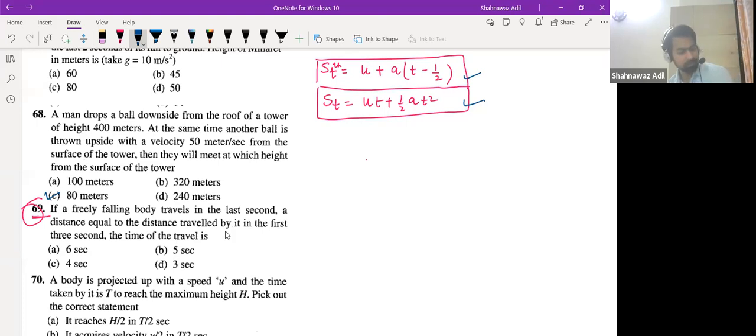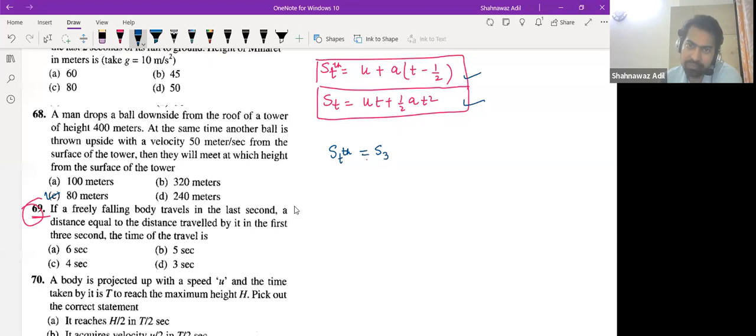So what is given in the question? Let us understand. If a freely falling body travels in the last second, so last second is this, right? A distance equal to the distance traveled by it in the first 3 seconds. So first 3 seconds is how much?